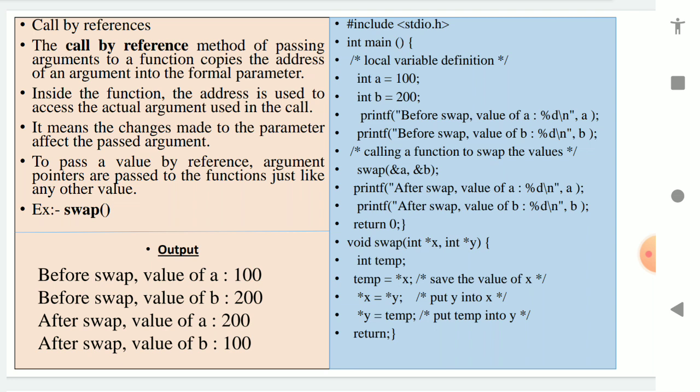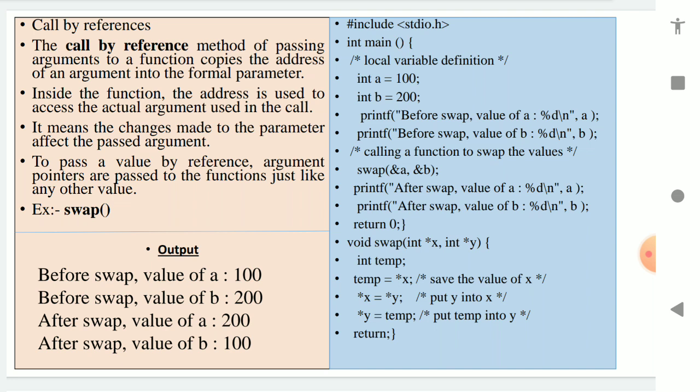The output before swap, value of a is equal to 10, is given in this code. #include <stdio.h>, int main(), open curly bracket, local variable definition: int a = 100, int b = 200, printf before swap value of a %d.